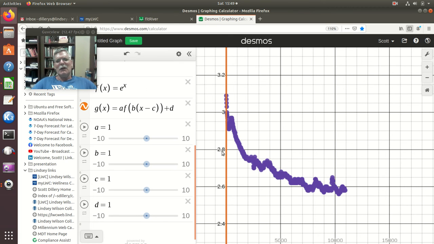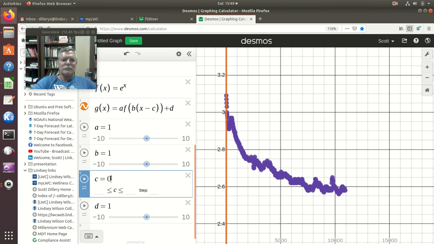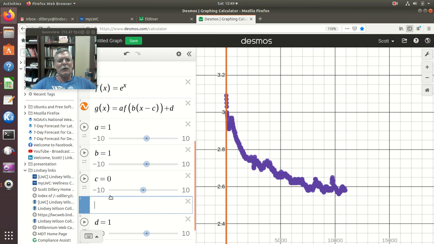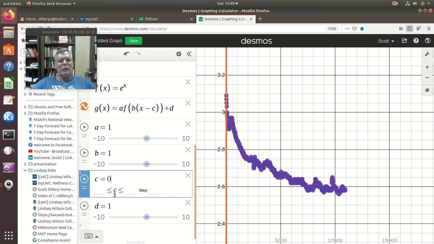So moving it side to side, which c does, is going to do the same thing as a, which is kind of move it up and down as far as a y-intercept. But it really isn't going to do anything different than that. So c, I want that to be 0. I don't want c to have anything to do with this. So we'll just leave c alone. We'll mess with a and b.